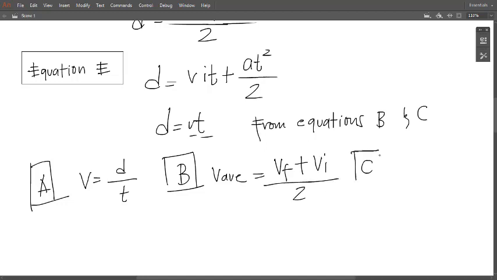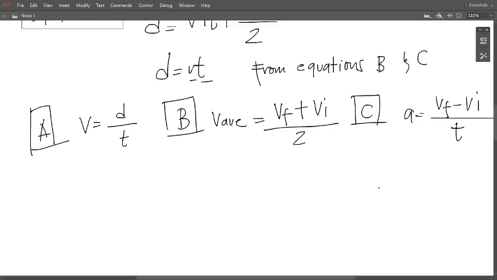And for c, we have the acceleration, the difference between the final and initial velocity over time.